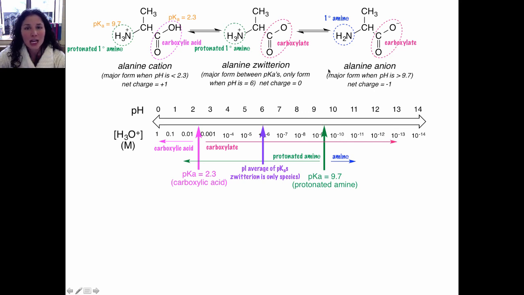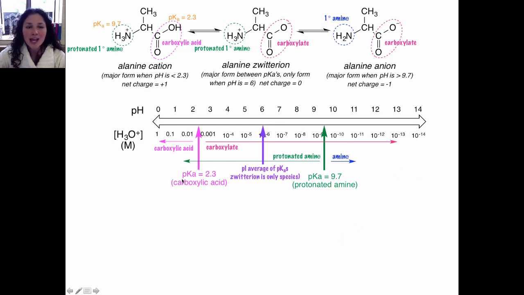Notice that there's no change in the carboxylate functional group because it's already in its conjugate base form. So here I have 50-50 of the Zwitterion and alanine anion. As I continue to increase the pH, I will continue to make more of the alanine anion until at some point the alanine anion is 100% of the species in solution.